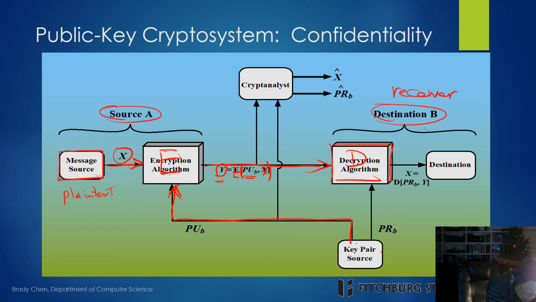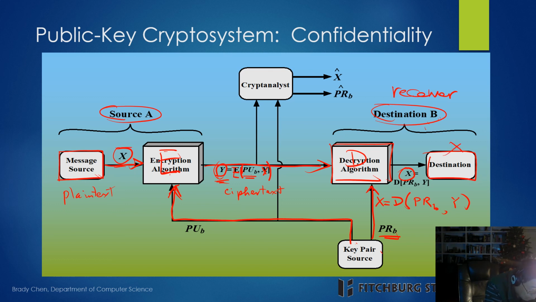The decryption algorithm is going to use the ciphertext Y and the private key of the destination B, the receiver. We treat D as a math function with the private key of B and the ciphertext, and hopefully we can restore the original message X.